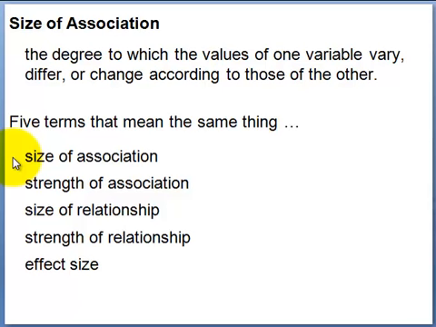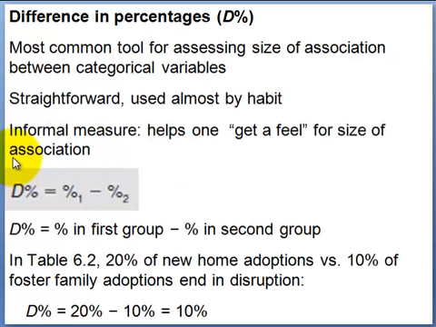The question of, is this particular relationship perhaps or likely to be due to chance alone? That's the question of, is the relationship statistically significant? We're not discussing that issue until we get to Chapter 14, much farther along in the book.